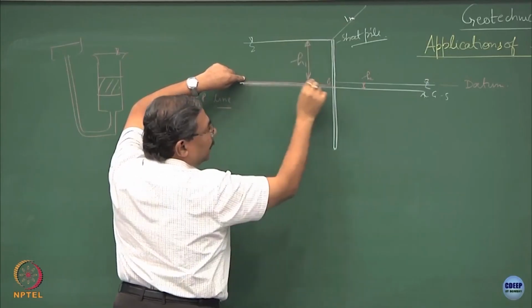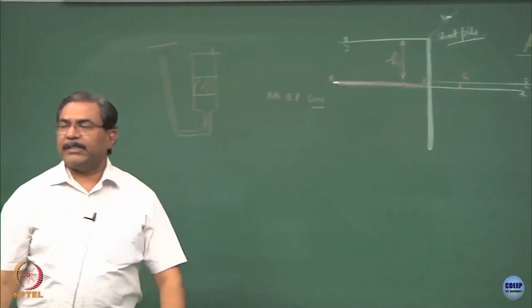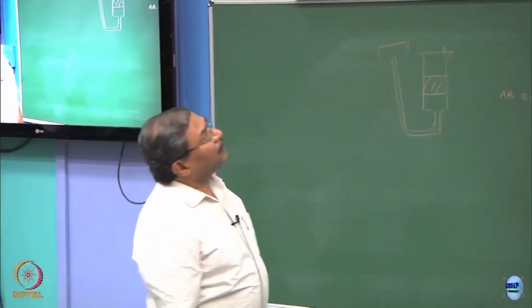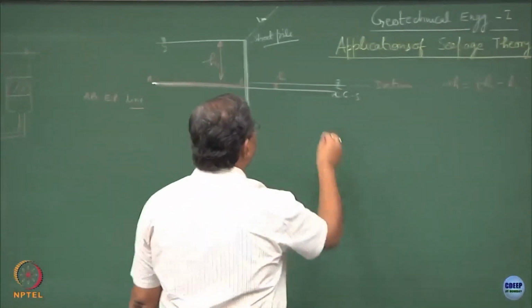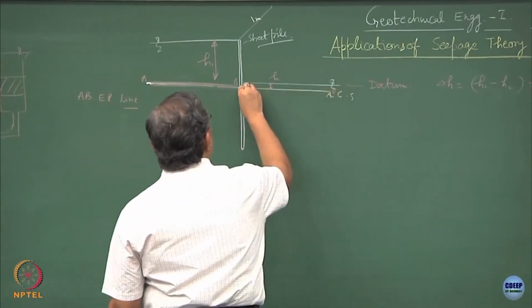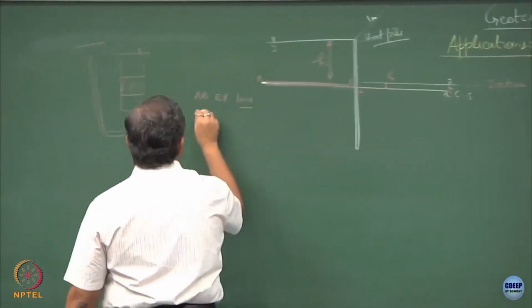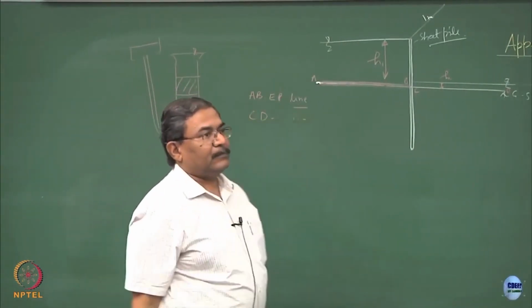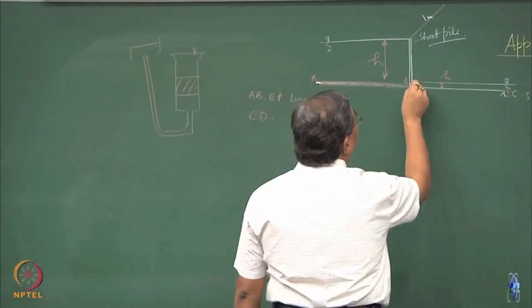So, this becomes one equipotential. Where is the another equipotential in this figure? Sorry, you are right, CD. So, this is D and this is C. So, CD also happens to be an equipotential line.